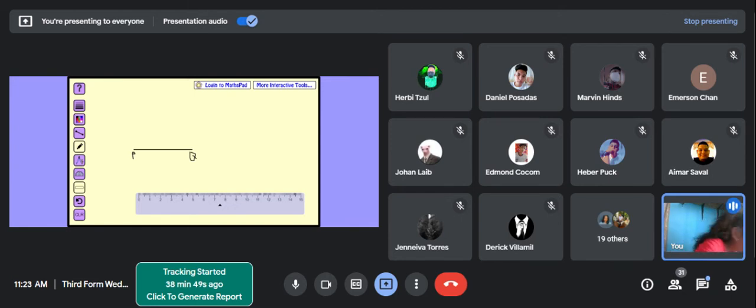Now, look for the line segments that have P and Q. So again, we want to find line segments that have points from P and Q. In this case, guys, we're going to be using QR. 5.4, and that's PQ.